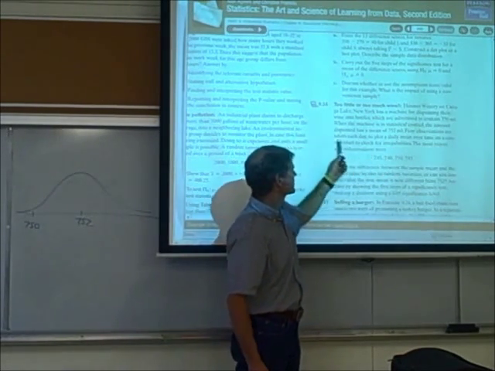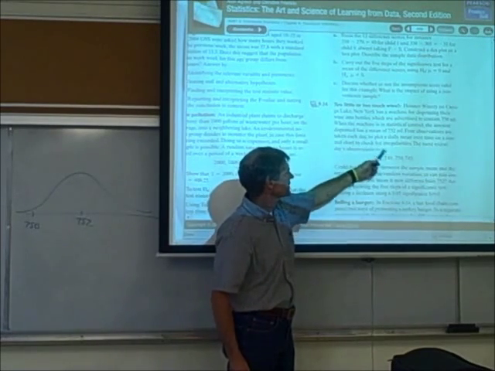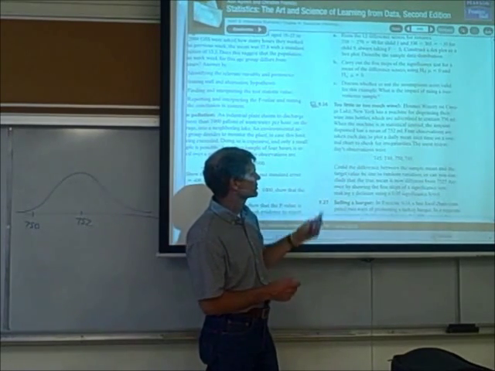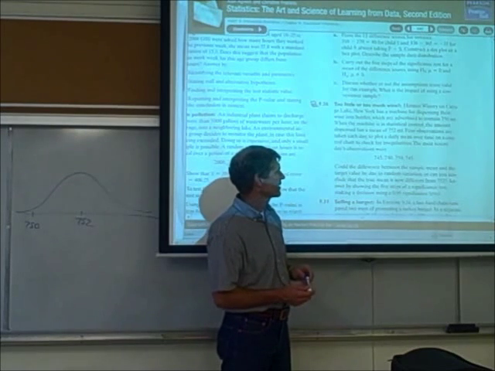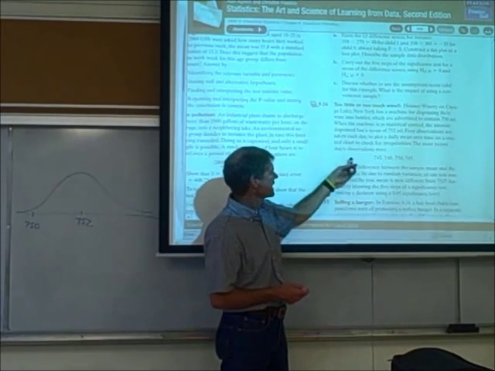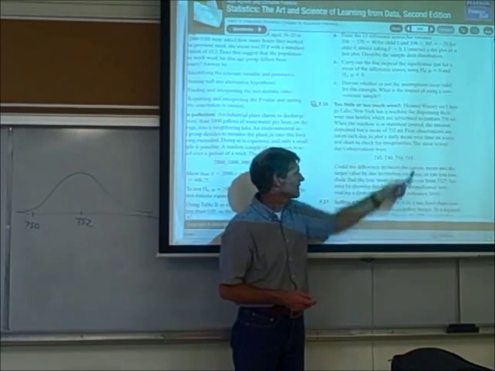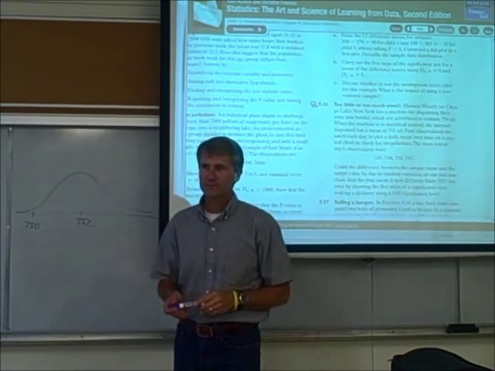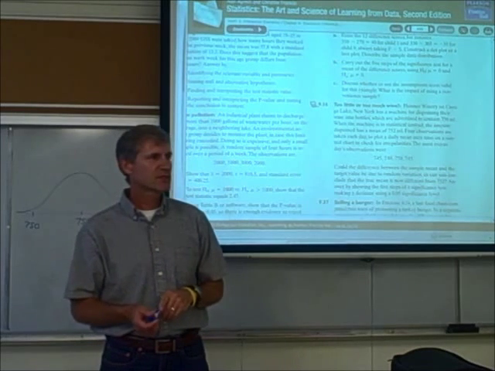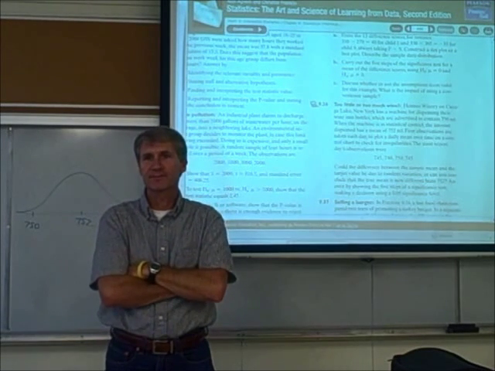4 observations are taken each day to plot the daily mean over time in a control chart to check for irregularities. The most recent day's observations were 745, 740, 750, and 745. Now let's do the eyeball test.